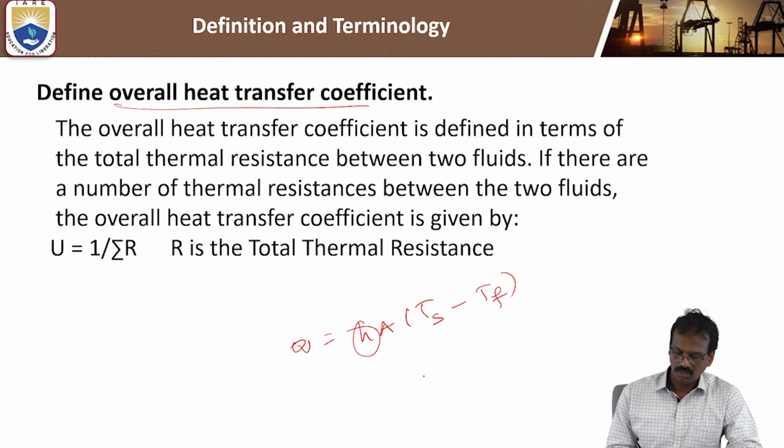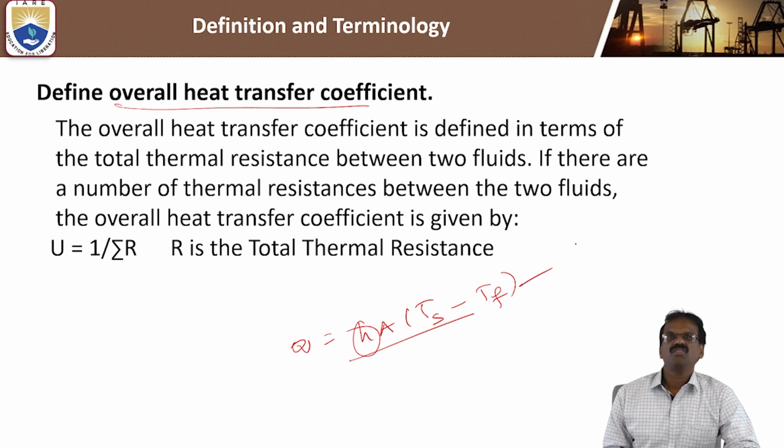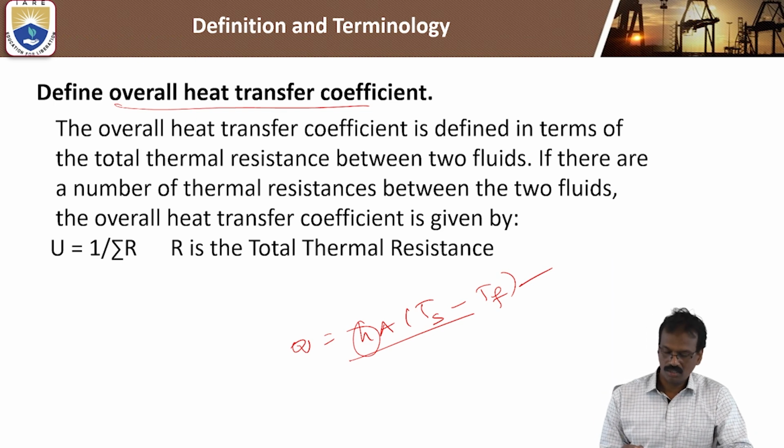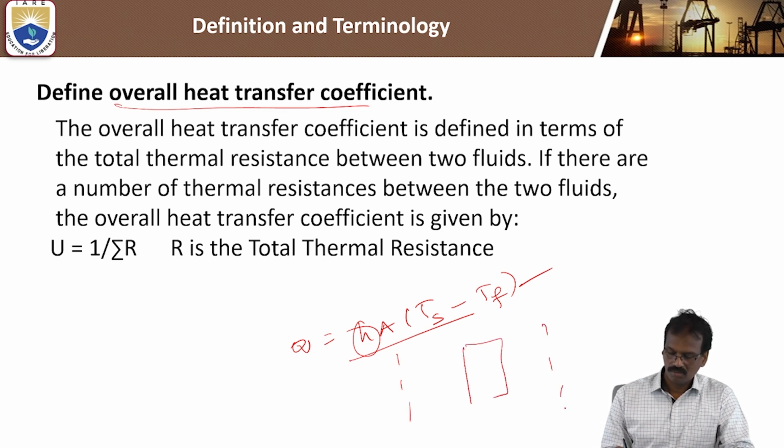Suppose this formula is only for one layer of any substance. If there are more layers, for example in heat transfer through this slab, the heat is transferred from this atmospheric air to the solid, to the outer surface, to room temperature, another atmospheric condition.